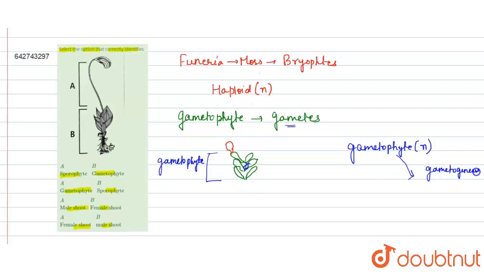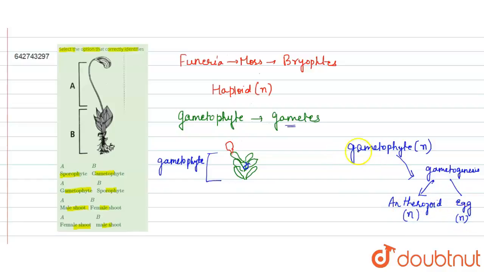Gametogenesis means the formation of gametes, and two sets of gametes will be produced. One is the male gamete, known as the antherozoids, and the other is the female gamete, which is known as the egg. These two are again haploid in nature.